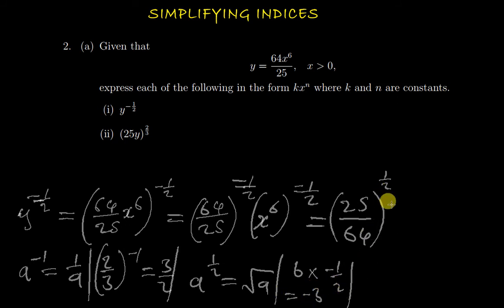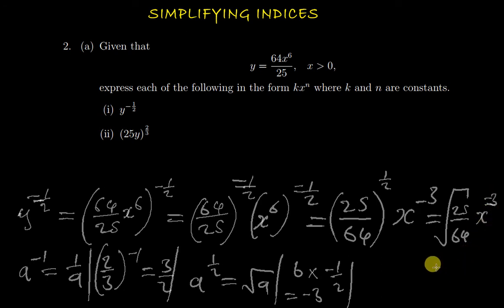So we write x to the power negative 3, and then 25 over 64 raised to the power half is the same as the square root of 25 over 64.